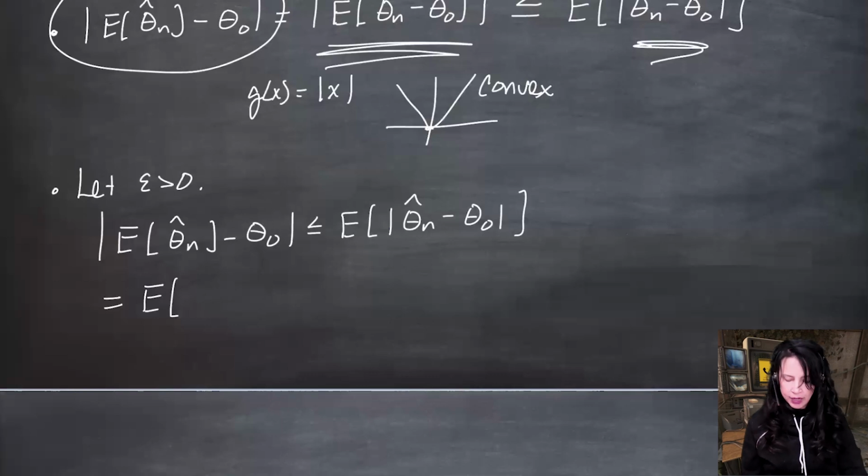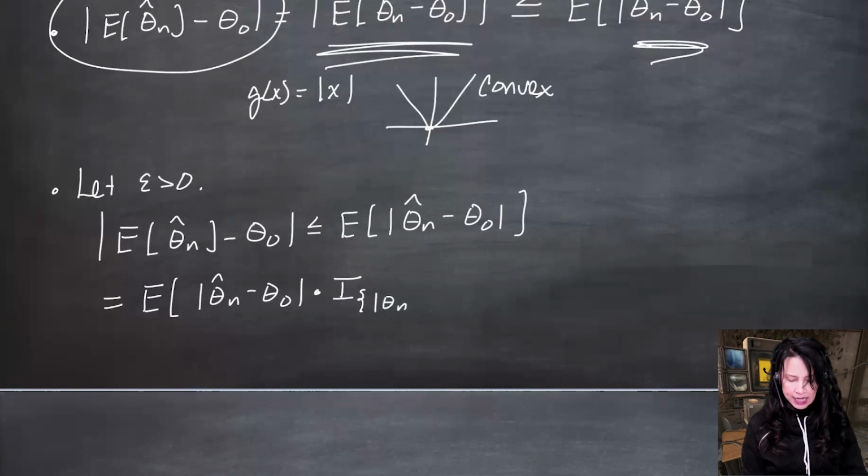I'm going to break it up into that absolute value being either greater than or equal to epsilon or less than epsilon. So this is the absolute value of theta n hat minus theta naught times the indicator that says that theta n hat minus theta naught is less than or equal to epsilon.